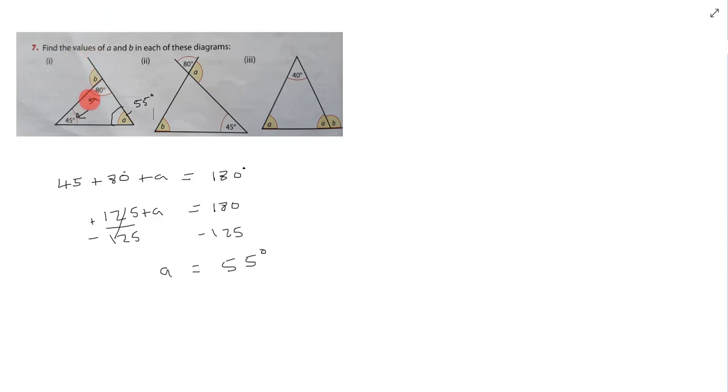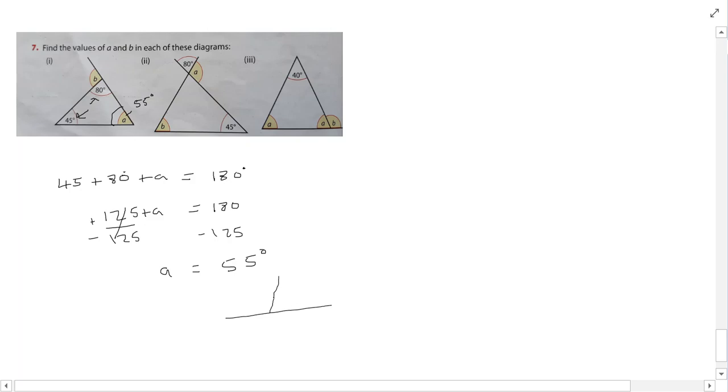Now if we have a look at this section here, what we notice is that you have this line that's passing through, and then you have this line here. Another way to write it is like this: you have a line going like this, and then an angle coming out of it. One side of the angle is 80, and it's asking you to find out what B is.